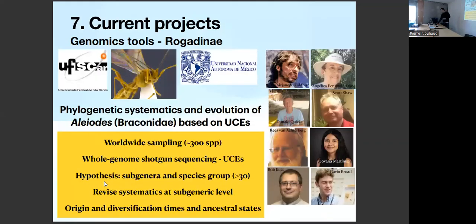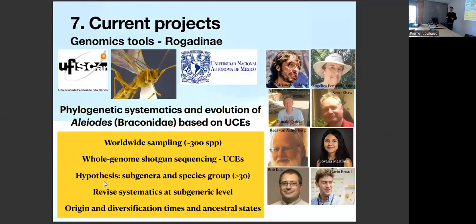But anyway, one of the first objectives we had in this project was to use genomic tools to study the phylogeny of one genus, which is a huge genus with about 700 species described right now.